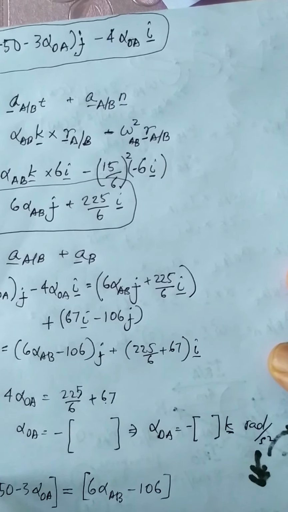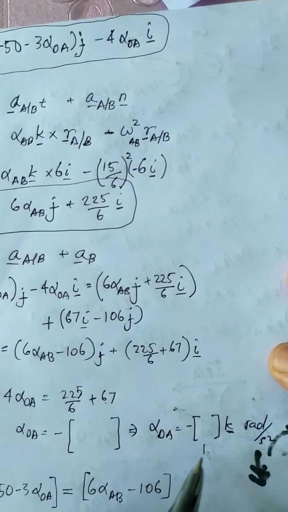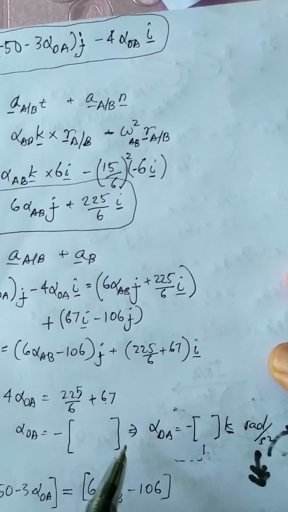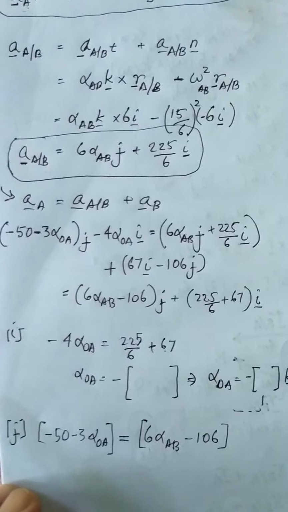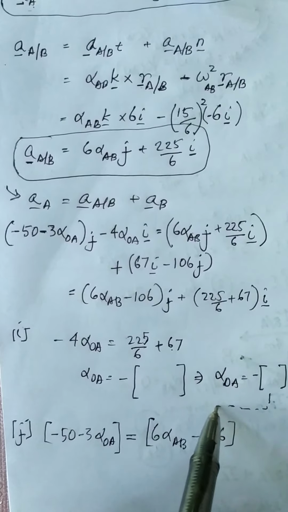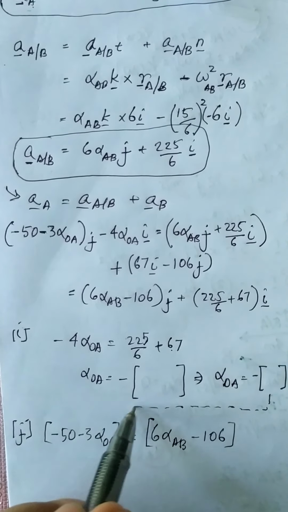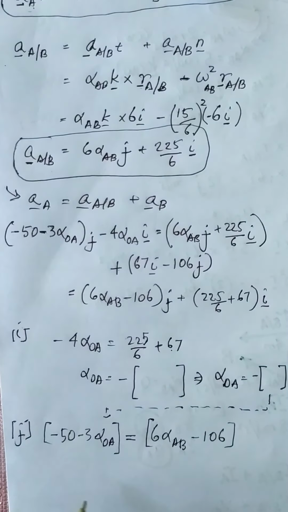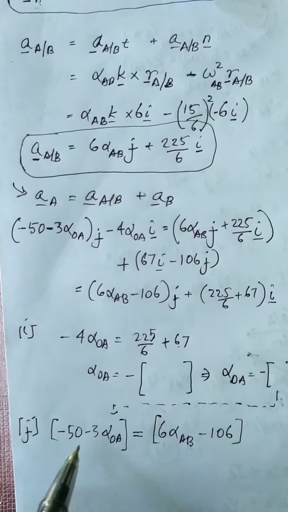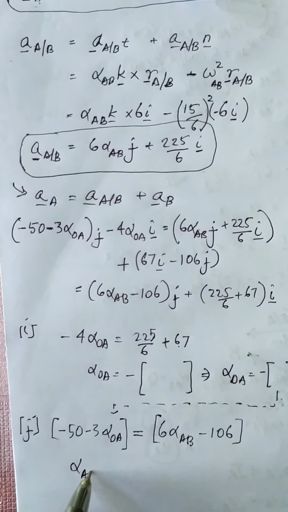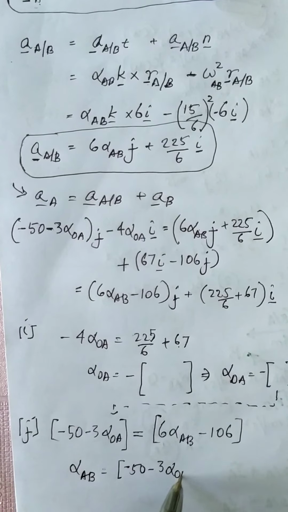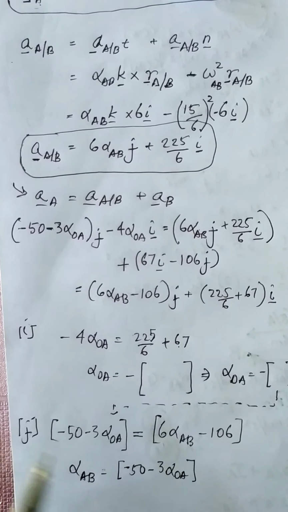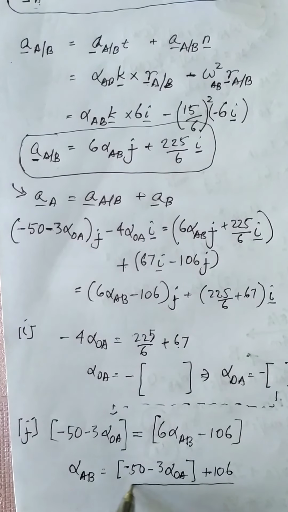Now, because you know the value of alpha OA from here, you can substitute the value and you get alpha AB equals minus 50 minus 3 alpha OA, plus 106, and then divided by 6.